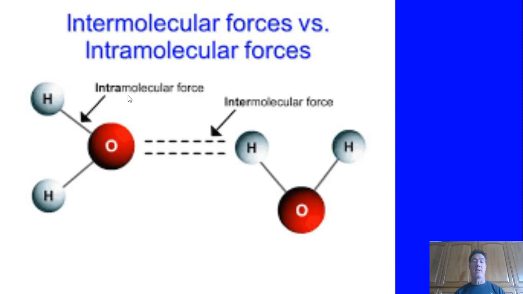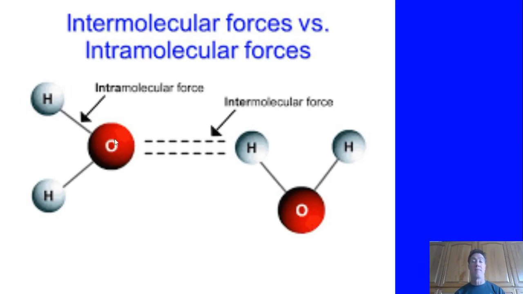The inter is the forces between molecules, between this molecule and this other molecule. But the intramolecular would be the forces between the atoms within this molecule, and these are called covalent bonds. If those are broken, we have a rearrangement of this molecule into something different.